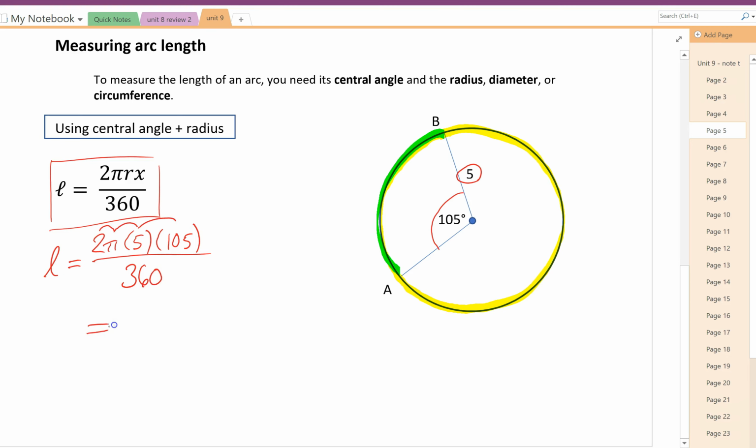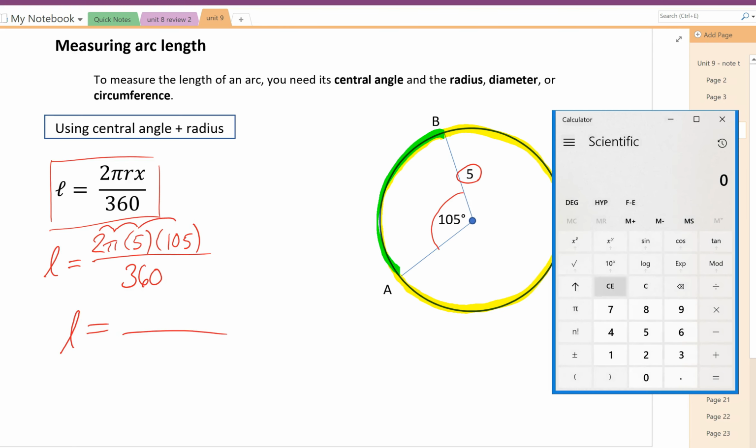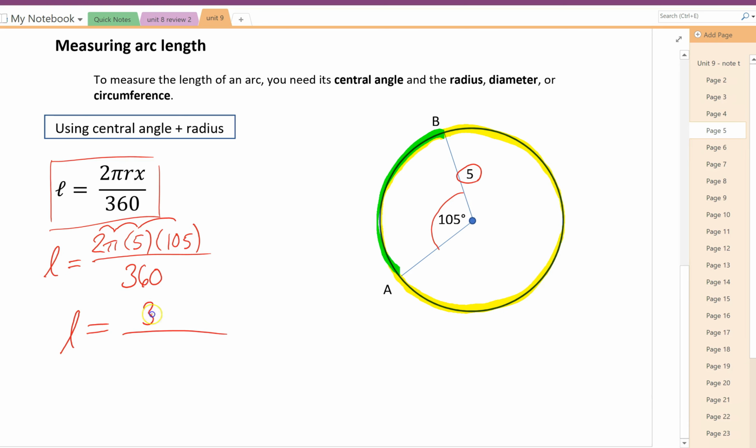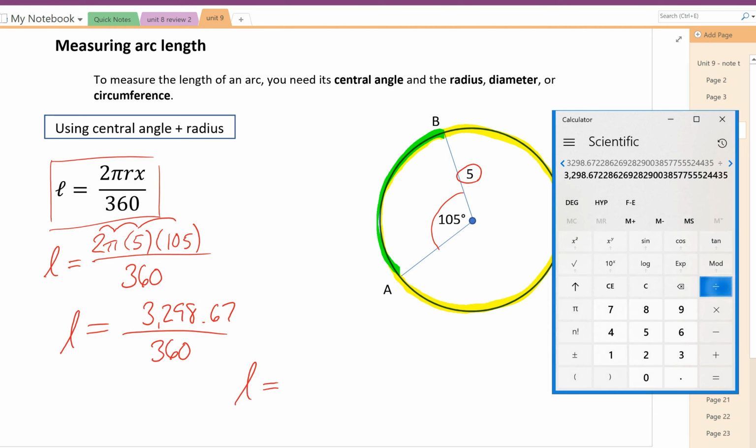So let's do that first. 2 times pi times 5 times 105. So I get a big number, 3,298.67. And that's divided by 360. So there's really only one step left. Take what I just found here and divide the whole thing by 360.